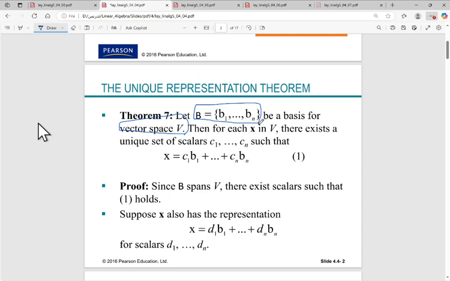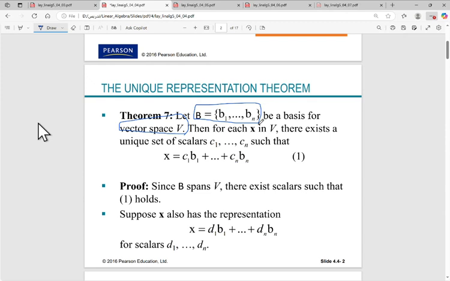This set of vectors forms a basis for the subspace. Theorem 7 says that any vector in this subspace V can be uniquely written as a linear combination of B1 to Bn, right? B1 to Bn is a basis for V.